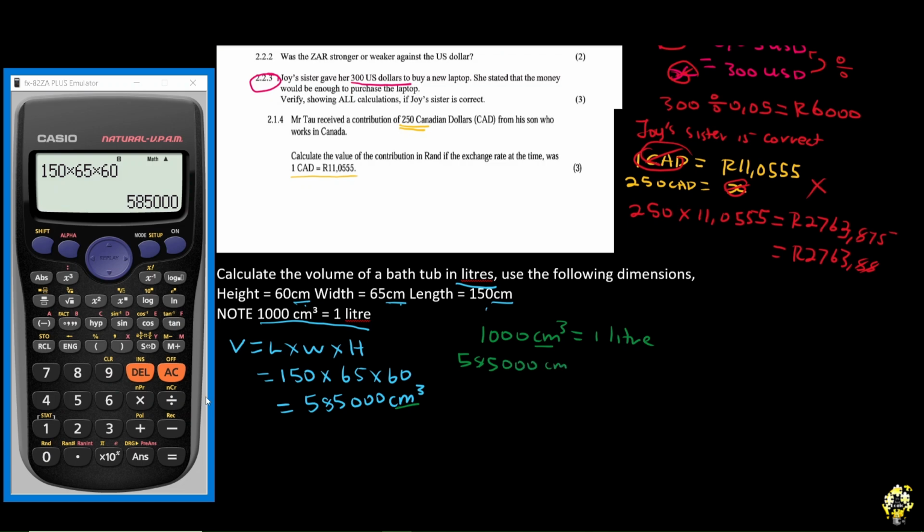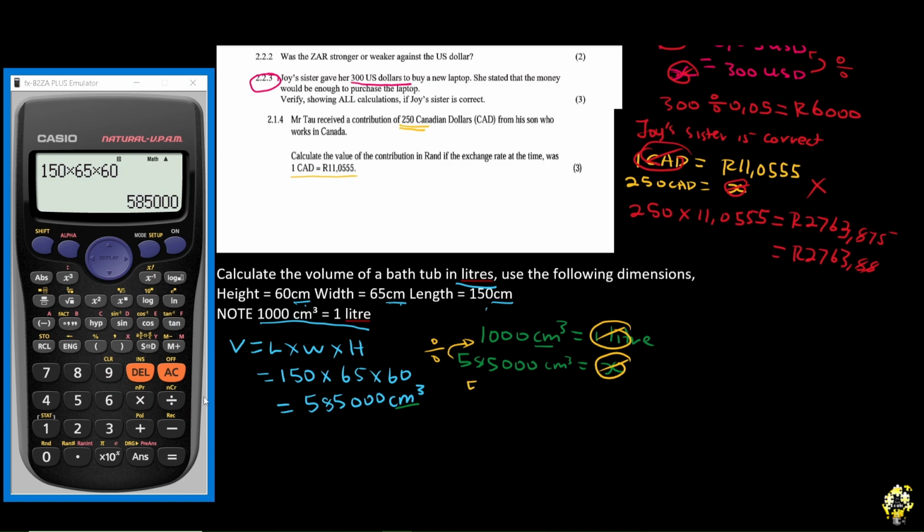So let's say 585,000 centimeter cubed. What do I put on my right? I put an X. Again, the cancellation method. Because they are on the same side, we have to divide them. But again, as you already know, bottom by top.